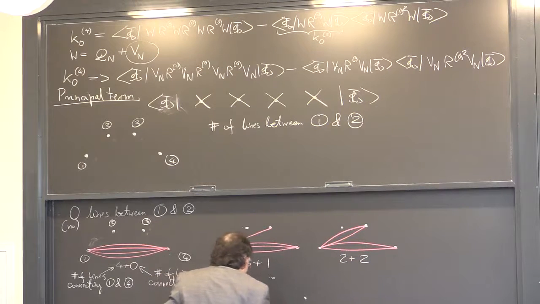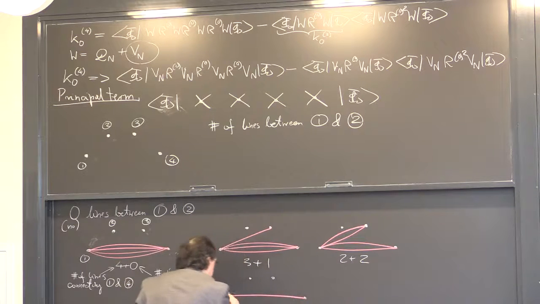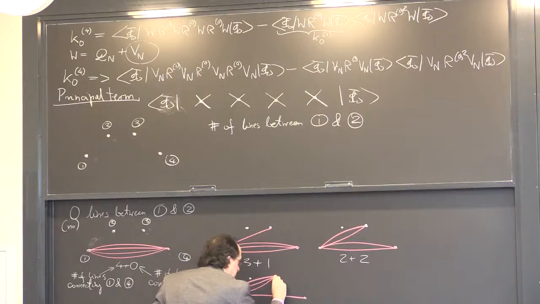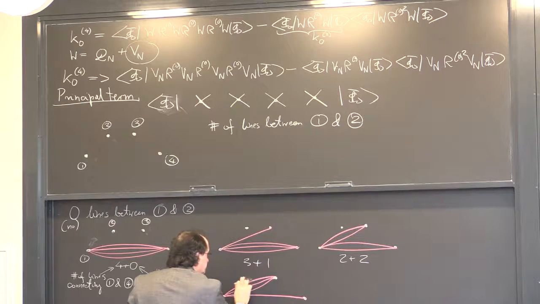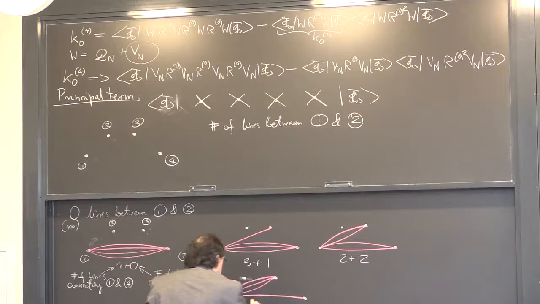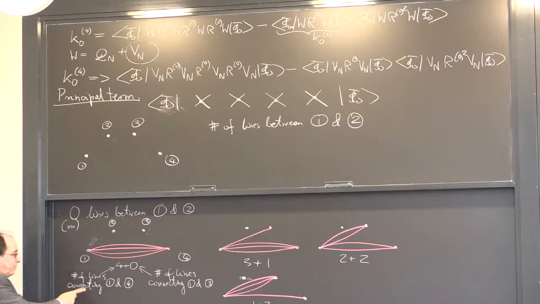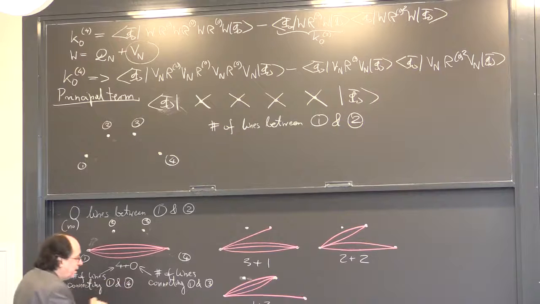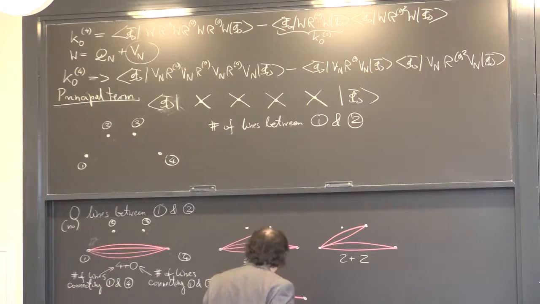Then I will have a case where we have one line connecting 1 and 4, and 3 of them going to 3. That's going to be 1 plus 3 according to our notation, meaning we're connecting 1 and 4 with one line, and 1 and 3 with 3 lines.